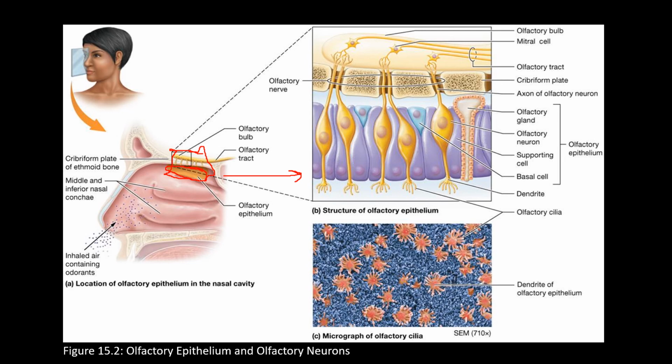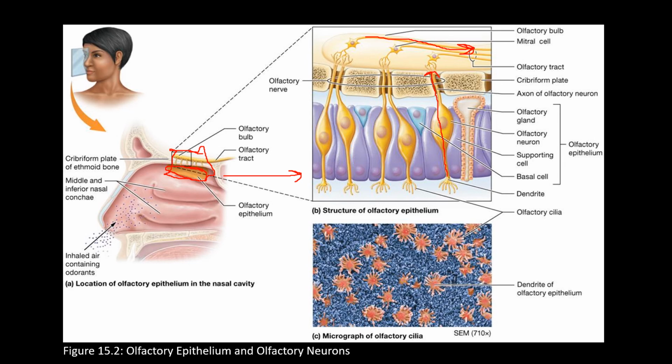They'll convert that chemical signal into an electrical signal, and then it will travel up through this bipolar neuron into the olfactory bulb right here above the cribriform plate, and then that will transduce the signal down to other parts of the brain to be integrated.